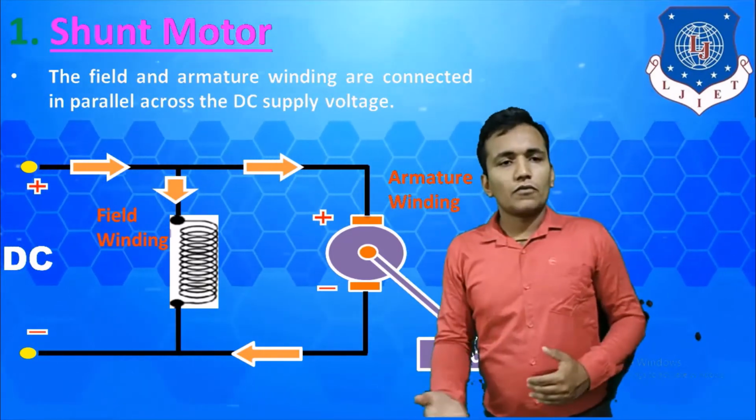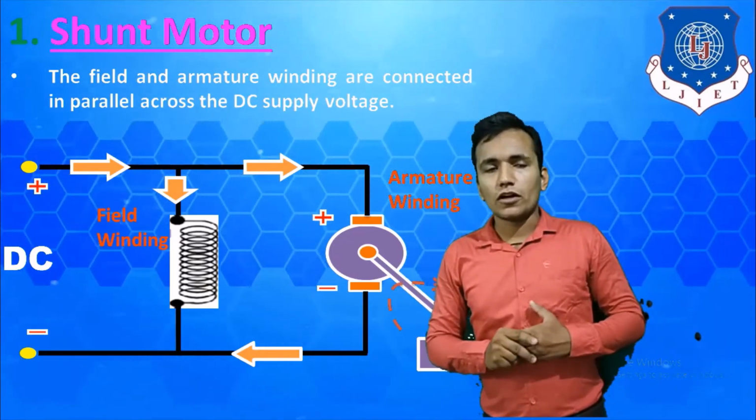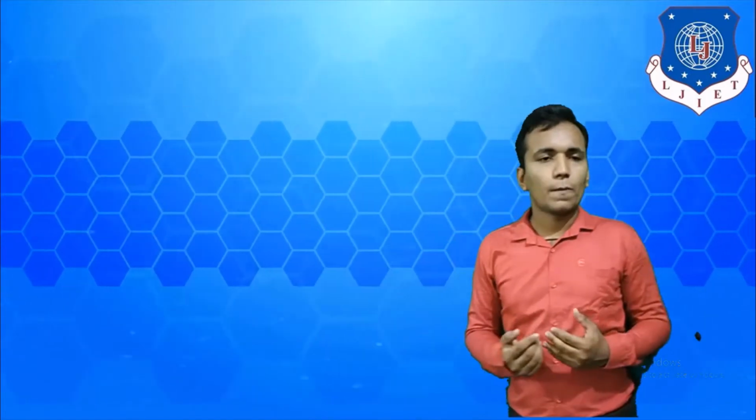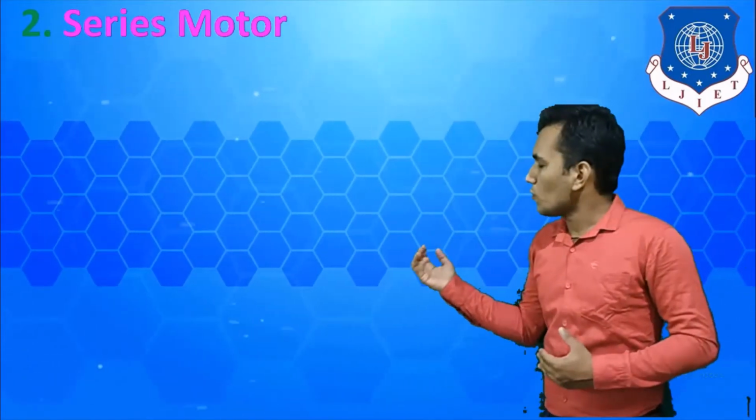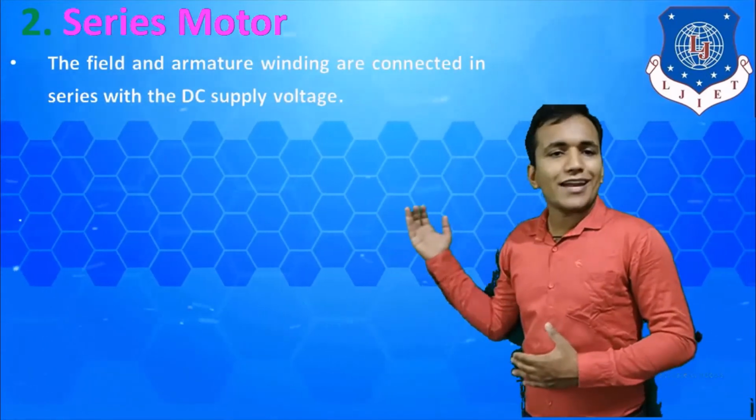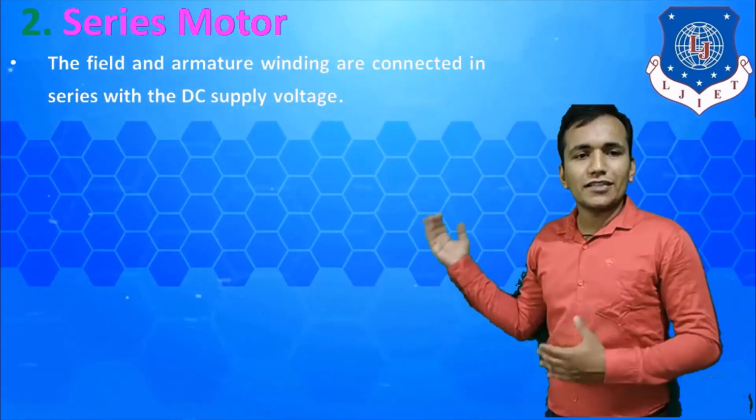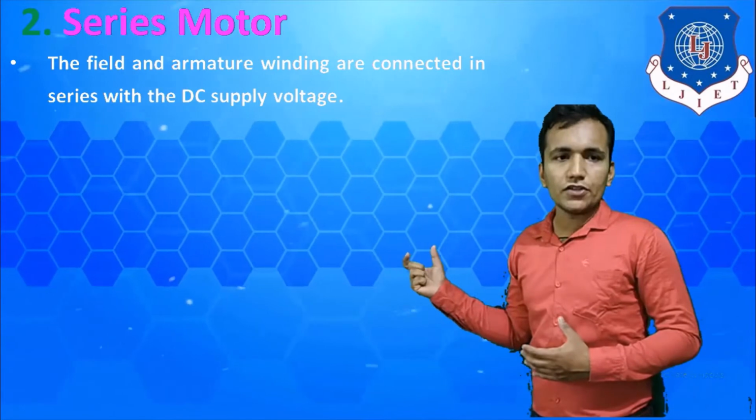Now we have to discuss the next type of motor, the series motor. In a series motor, the field and armature windings are connected in series with the DC supply voltage.